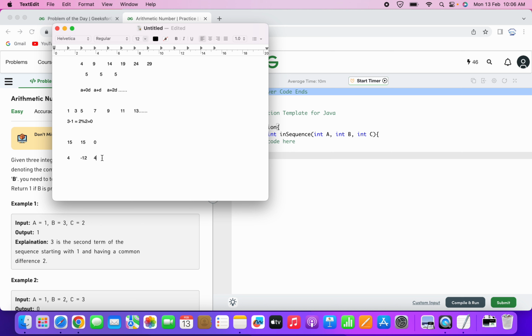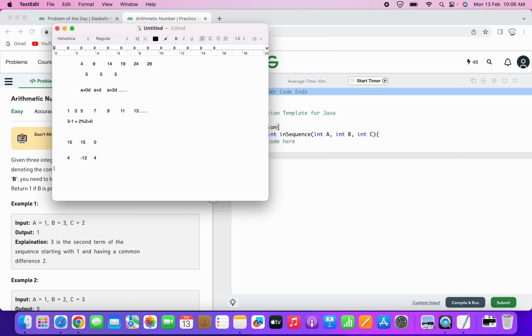Is it divisible by 4? Yes, it is divisible by 4, but it is negative. If this is the scenario, then we will simply return 0, because here the starting point is positive and the common difference is positive, so we cannot reach this b. B cannot be part of that series.